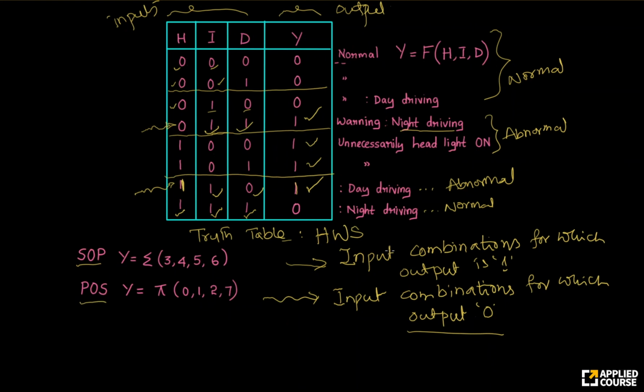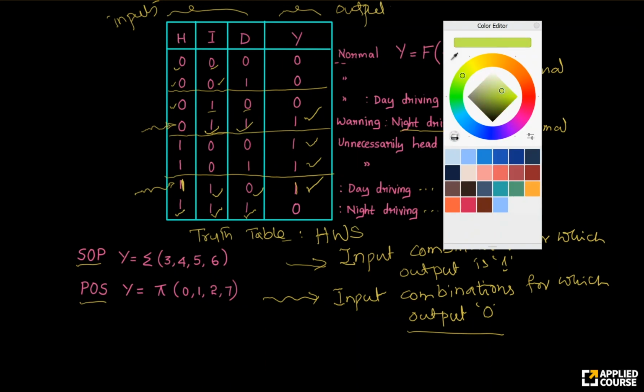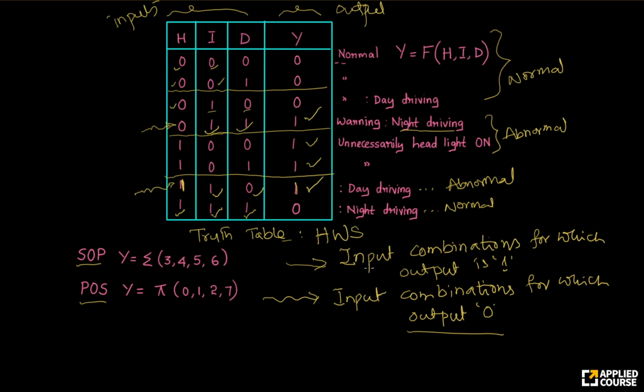The input combination for which output is 1 we call a min term. So in this case, this is one input combination for which output is 1.